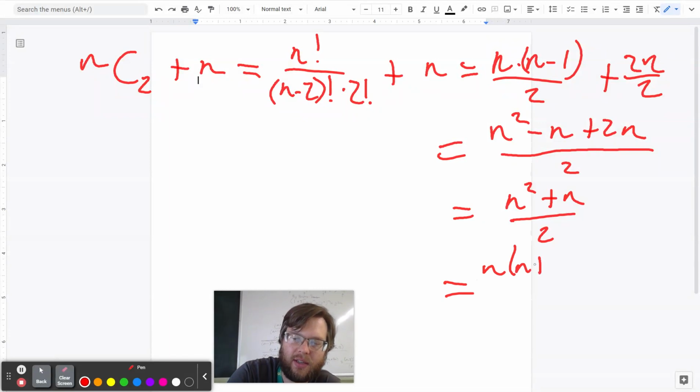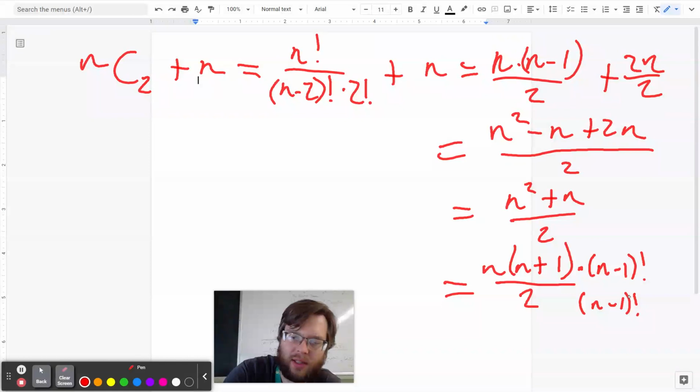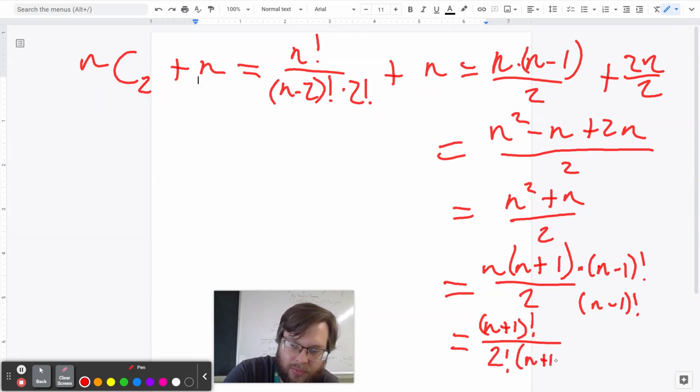Factor out an n times n plus 1 over 2, and then bring in all the other terms. N minus 1 factorial, and then that becomes n plus 1 factorial over 2 factorial times n plus 1 minus 2 factorial, which is n plus 1 choose 2.